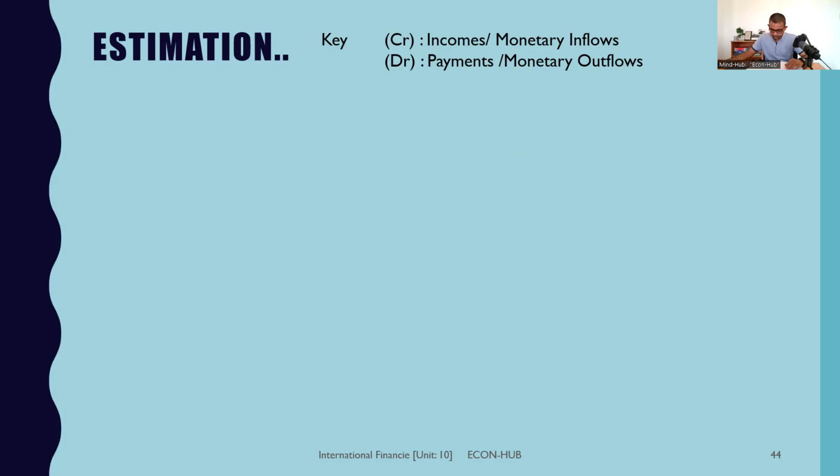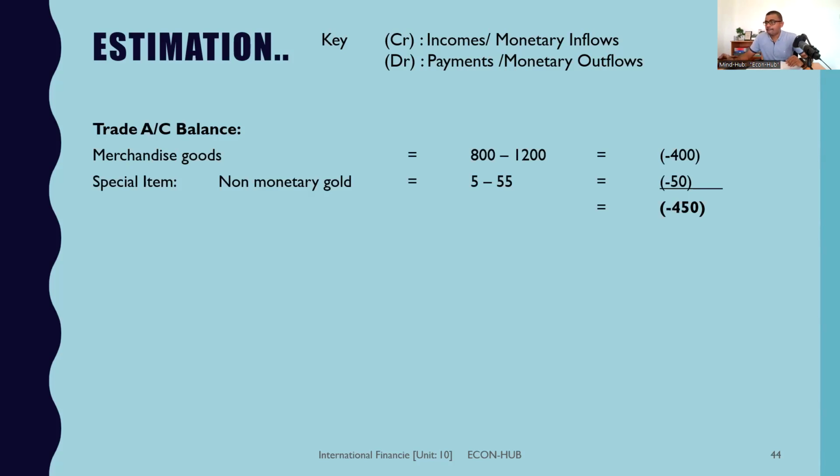So let's start off with the merchandise account. The main merchandise items, the usual goods, export and import items, are 800 credit, 1200 debit. What is this 800?